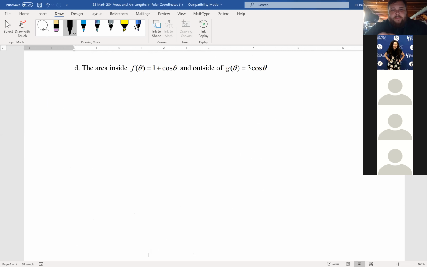So once again, very first thing we need to do is plot these two functions. So let me take care of that. So it's 1 plus cosine 2 theta, the other function, 3 cosine theta.